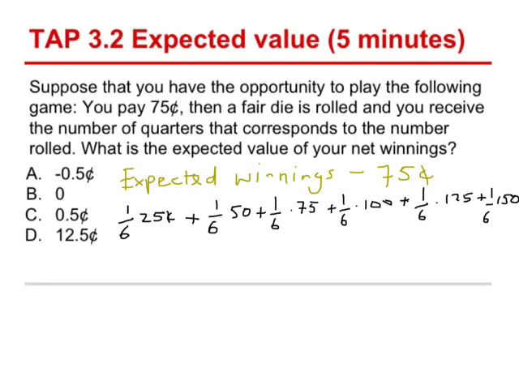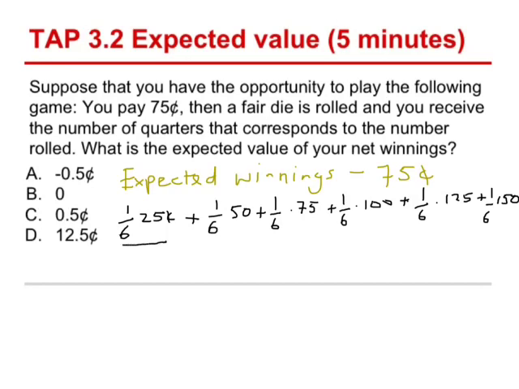25 divided by 6 plus 50 divided by 6 plus, so it's not that hard. But notice one way to make this problem easier is that we can factor out 25 over 6. Every one of these expressions has 25 over 6.